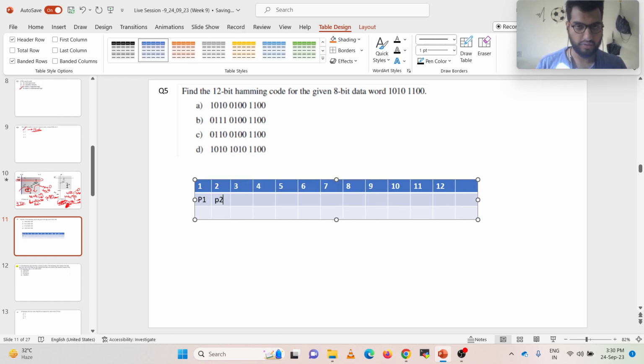This is your P2. This is your data bit D1. This is your P4. This is data bit D2, D3, and D4. This is P8. This is D5, D6, D7, and this is D8.